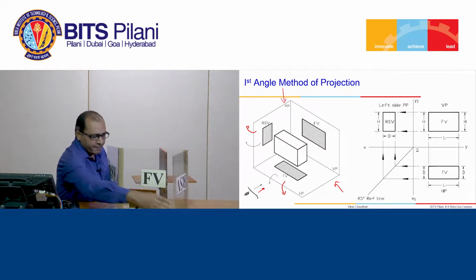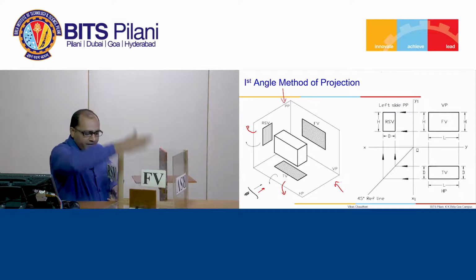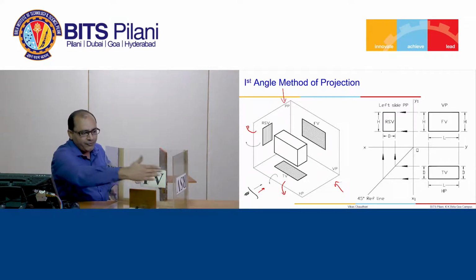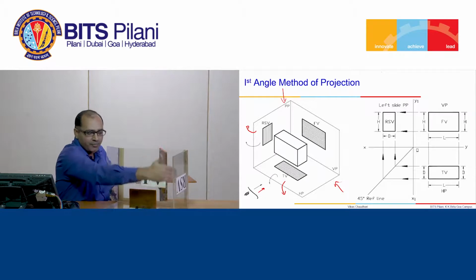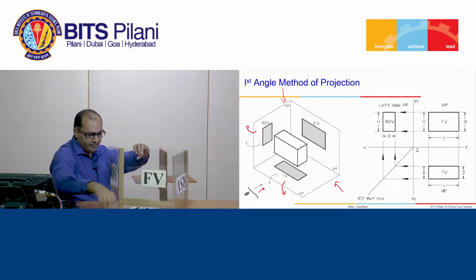So we have here the front view which will be projected on the vertical plane, top view is projected on horizontal plane, and left hand side view which is projected on the profile plane. Once the views are projected, then we need to rotate the plane.